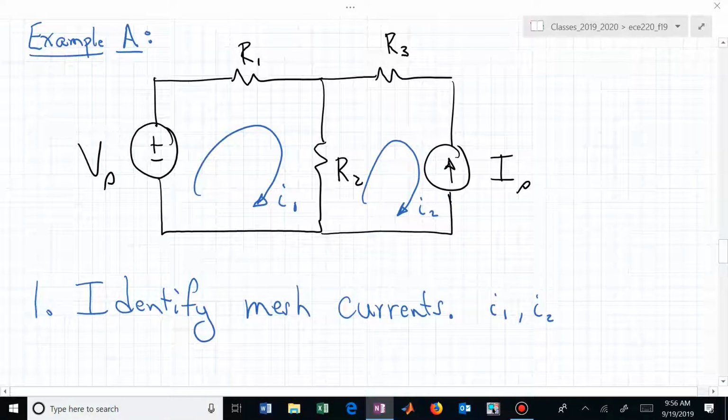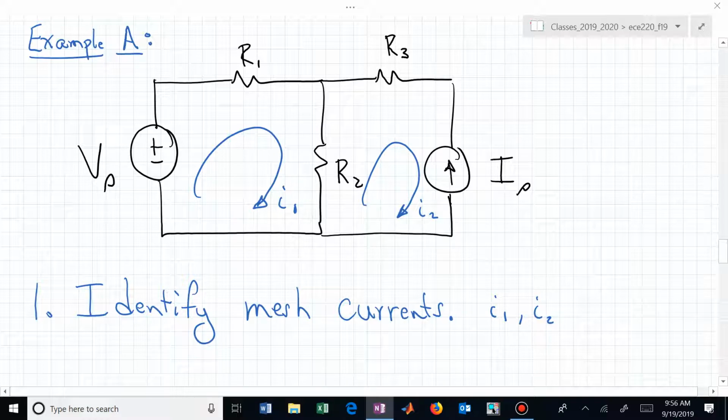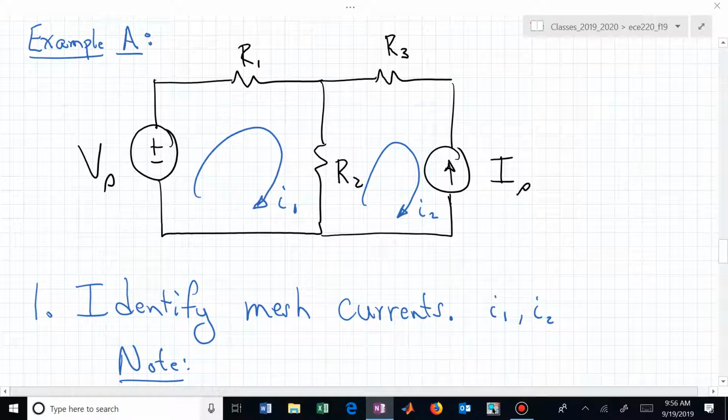And what I can, I hope, see or make a note of is the fact that I have a current source that really is only associated with one mesh. It's the rightmost mesh, that current source, which means that I2 is determined by that current source.